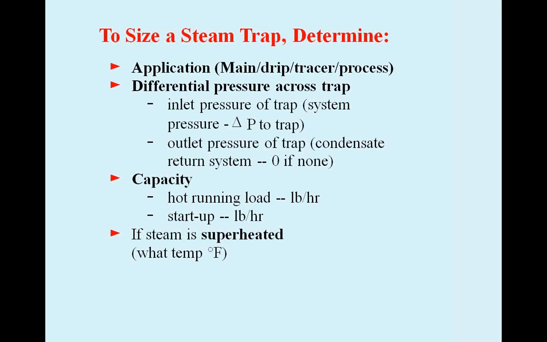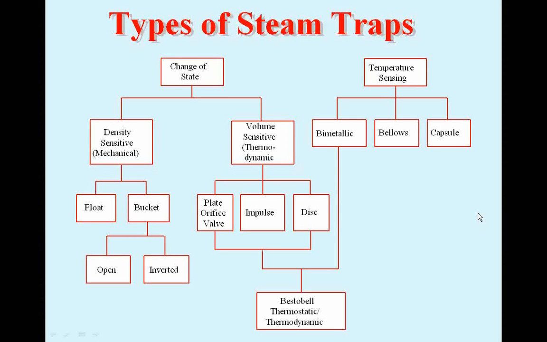Now, we also know that in a lot of applications, the steam system has been there for 30 years, or maybe it was designed for a given load when it was installed 30 years ago, but now you've added more reactors or more cookers or more equipment, more heat exchangers to it, and you may not know that. We get that every day.